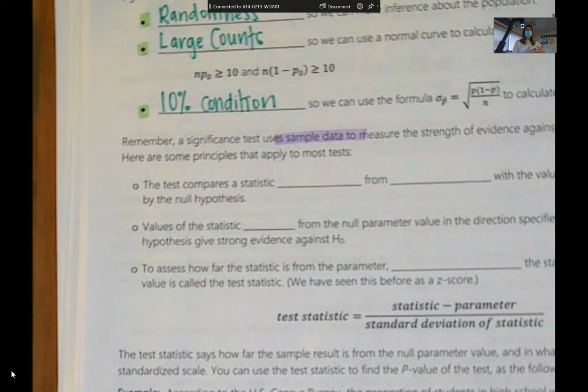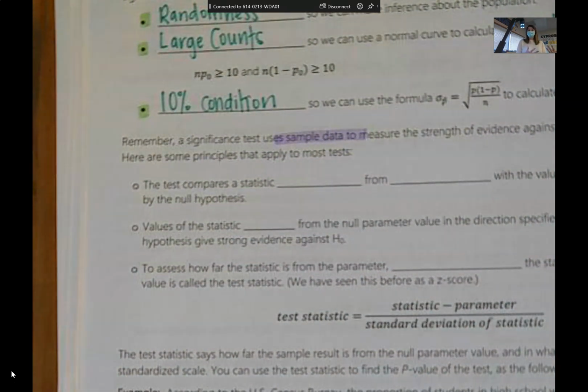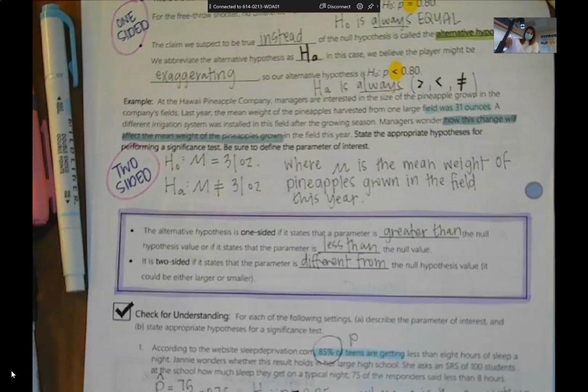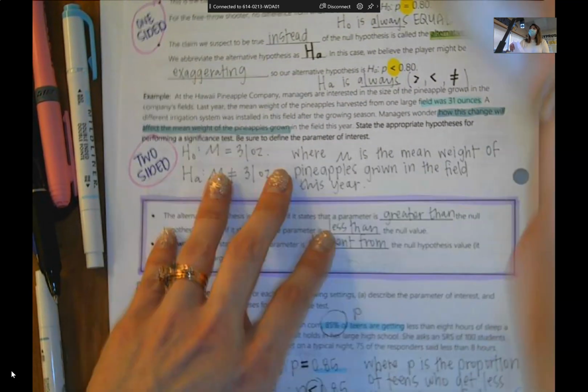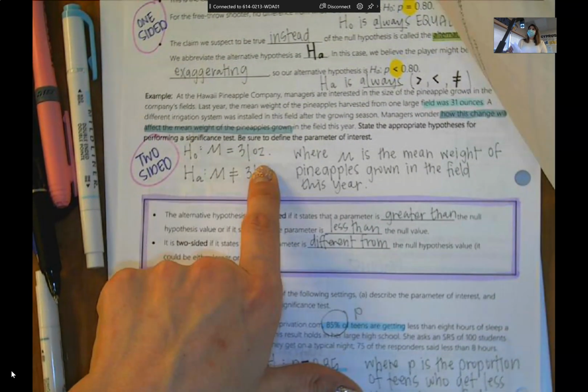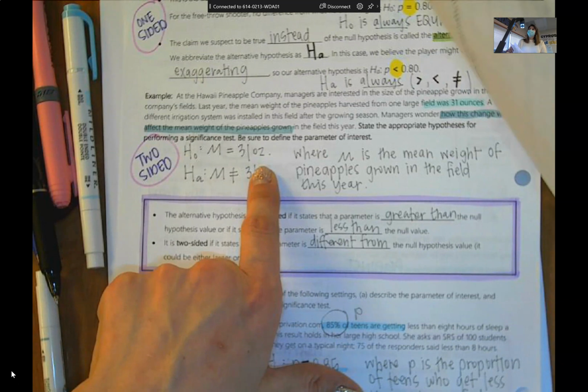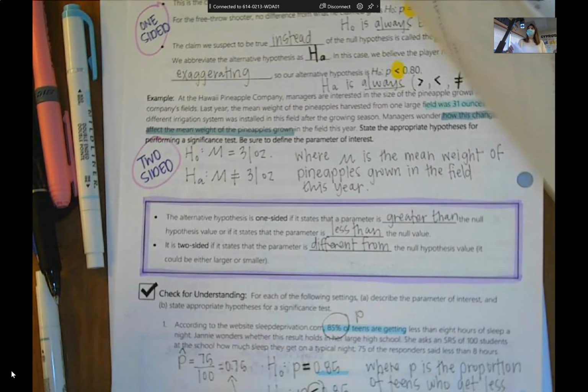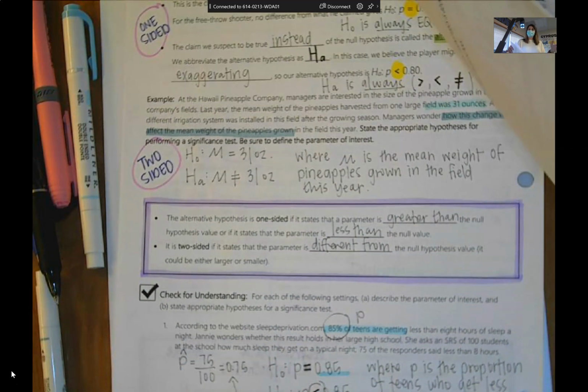We're going to use that sample data of 76% and mathematically decide, is that too far away? Now, we did a hypothesis list, or state the hypothesis, for a pineapple problem, and you don't have to go there, but on page 702, we talked about how this pineapple company changes the way that it irrigates its crops.